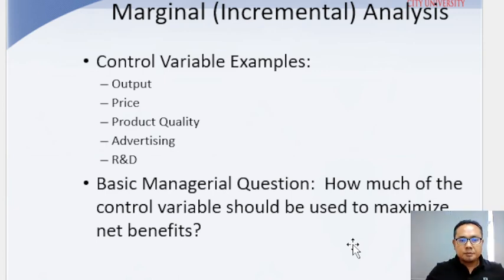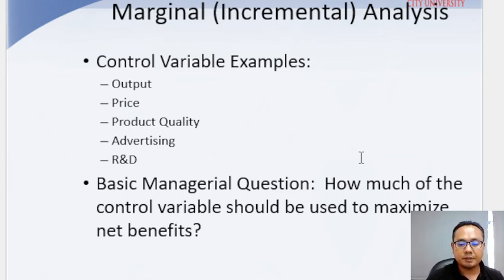So we move to marginal analysis. This is one of the most important managerial tools, a tool we will use repeatedly throughout this subject. Simply put, marginal analysis states that optimal managerial decisions involve comparing the marginal or incremental benefit of a decision with the marginal or incremental cost.